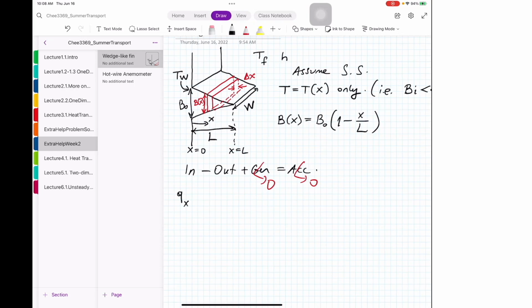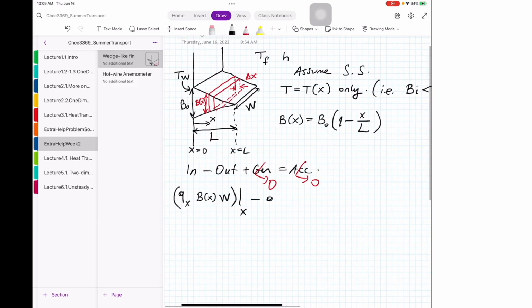And the in is qx times the area perpendicular to the heat flux, which is b of x times W, calculated at x, minus what's going out, which is basically the conduction and also heat convection.